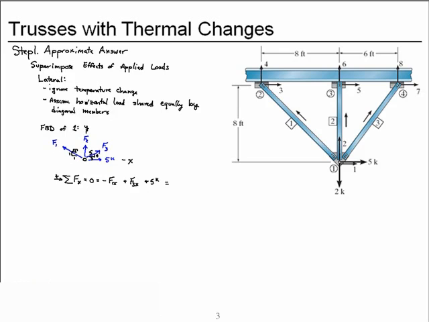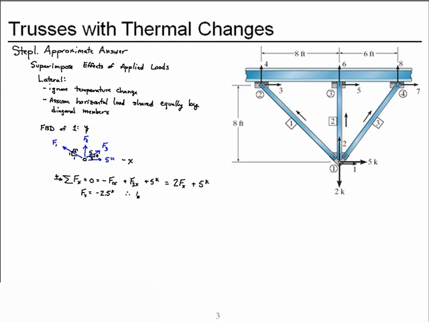But our assumption here is that the horizontal component of force in member 1 is equal to the horizontal component of the force in member 3. And so 2 horizontal components plus the 5 kips has to equal 0. So that horizontal component is a minus 2.5 kips.